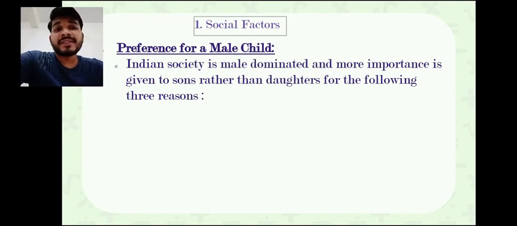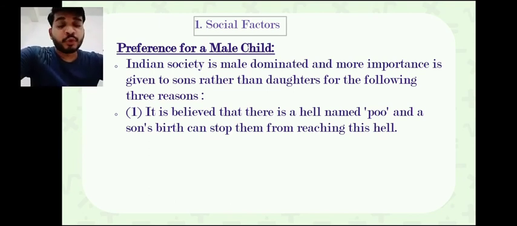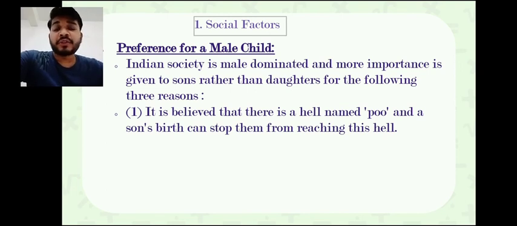So why is there a thinking of a male child, what are the reasons? The main thing is that they find that their generation will go on, they have a new heir who will take their family or generation forward. Second, earlier people thought, in an orthodox and superstitious belief, that if we do not want to go to hell, we must compulsorily have a male child, who will save us from a demon named Put in hell. This belief made couples want a male child, and because of that it leads to a high birth rate.